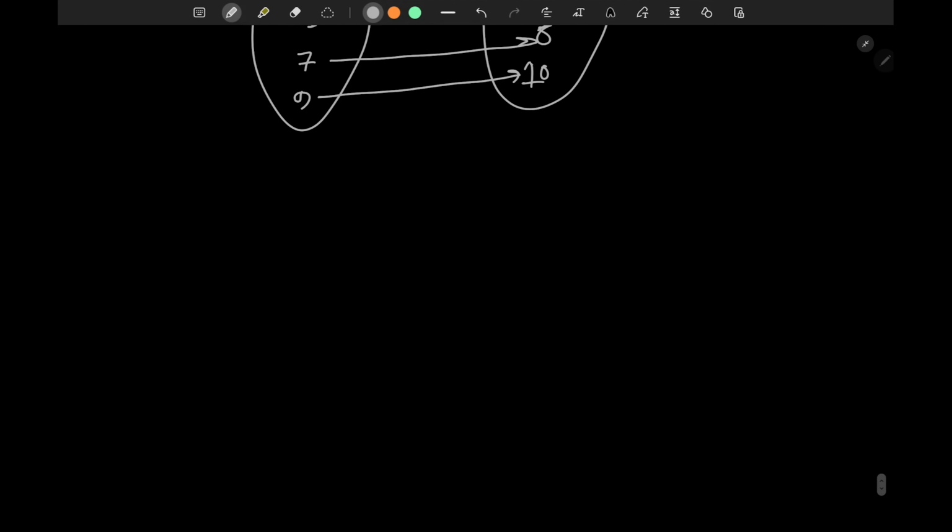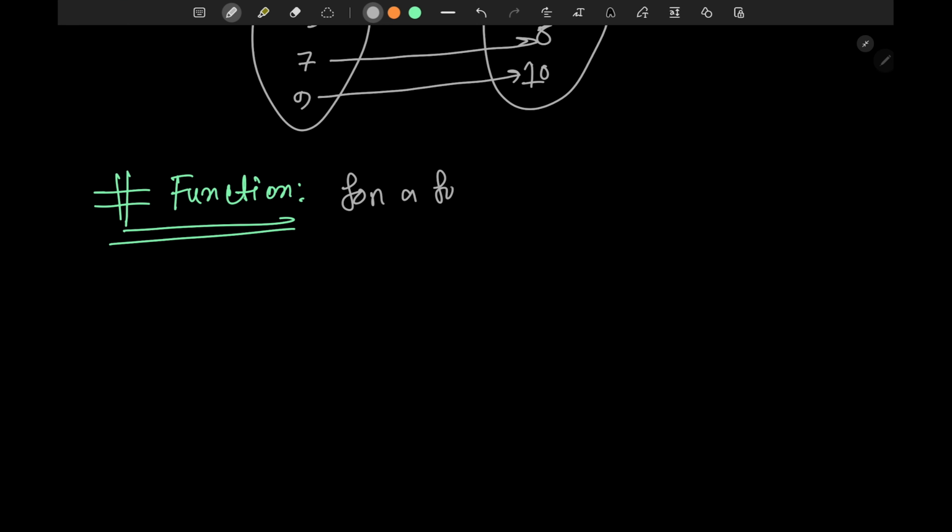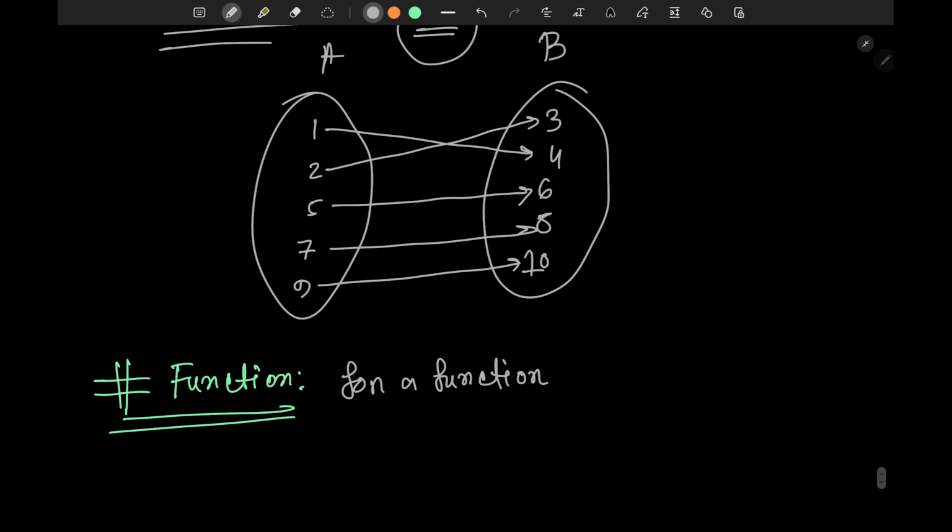And now we will define a function. What is a function? Function is a very special kind of mapping or a very special kind of relation. So for a function, let's say you have a relation like this guy over here.